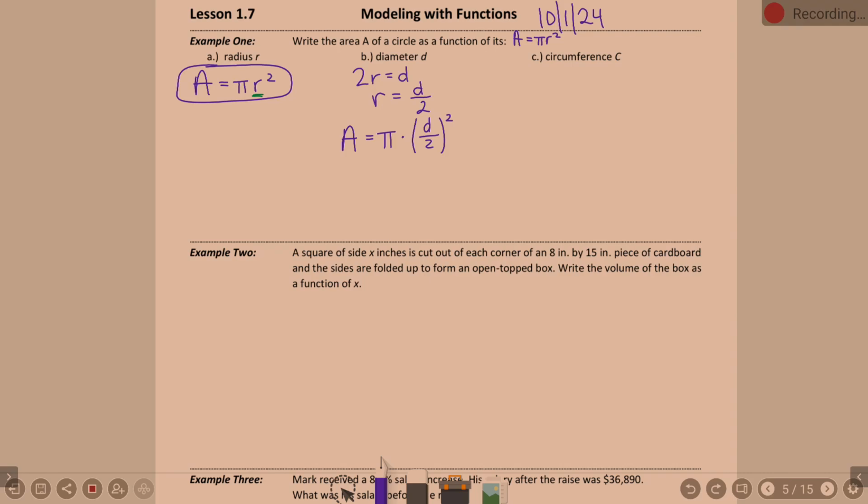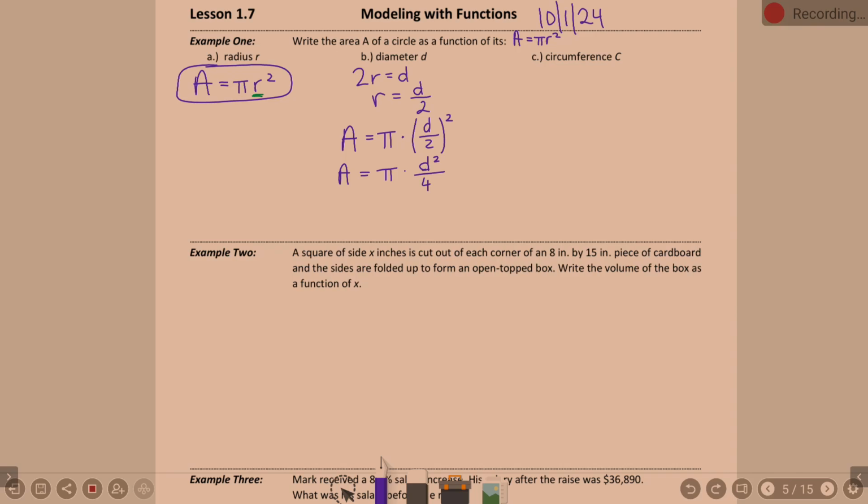Now, I am asking that we clean this up a little bit. What is d over 2 quantity squared? What is d when you square it? d squared. What is 2 when you square it? 4. So I can rewrite this as pi times d squared over 4, correct?